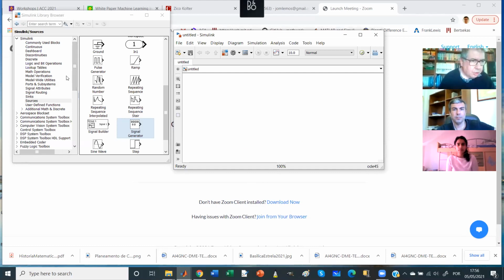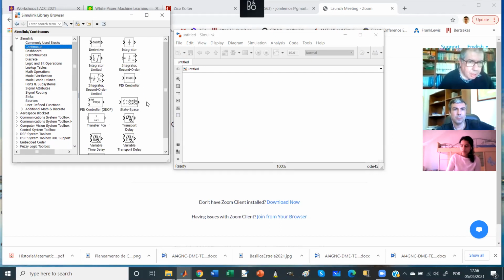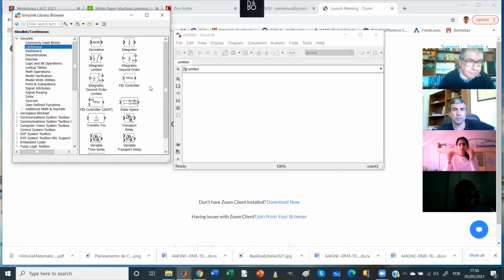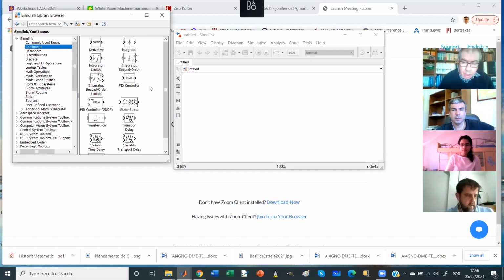Let's go to the continuous library. Where do we have the continuous? So we have a transfer function there. Not sure whether that is what I want.